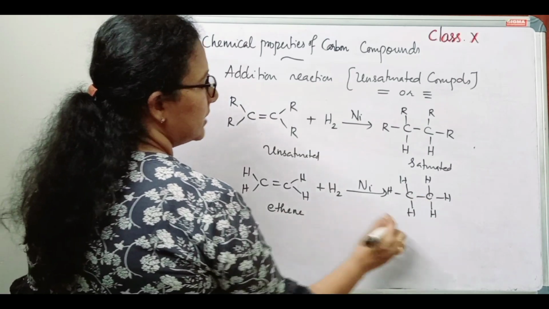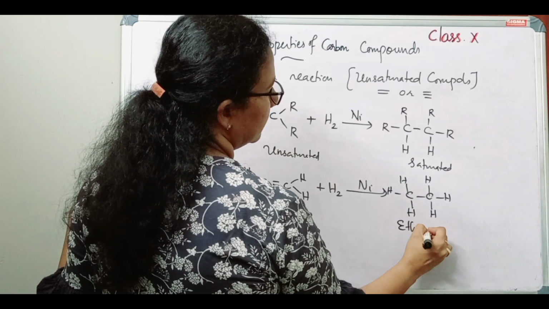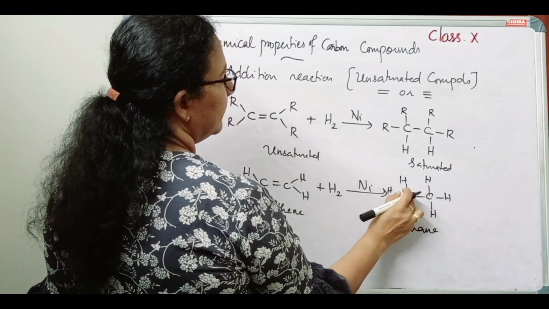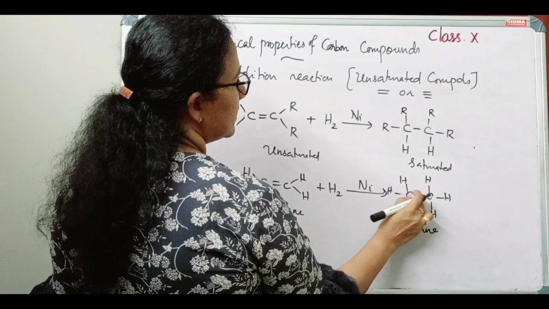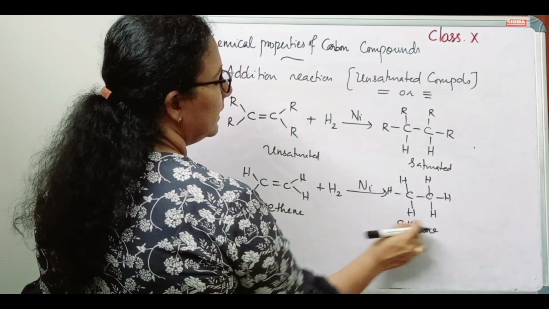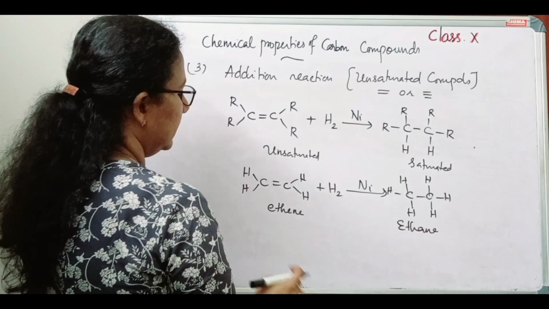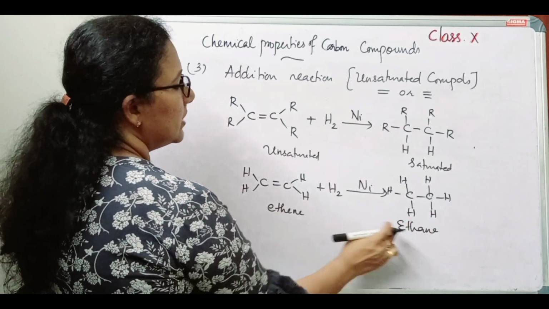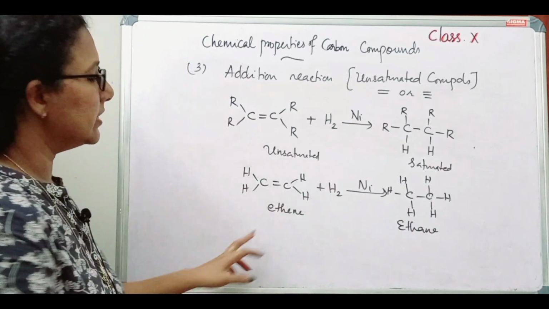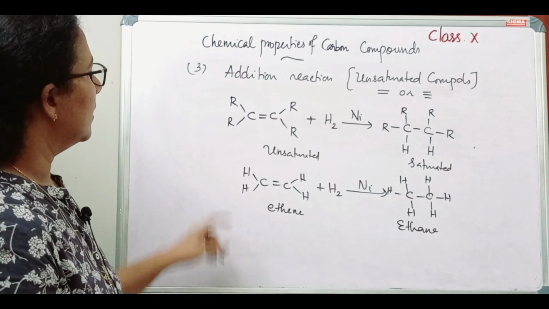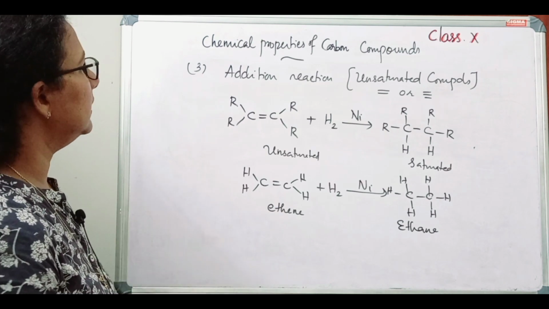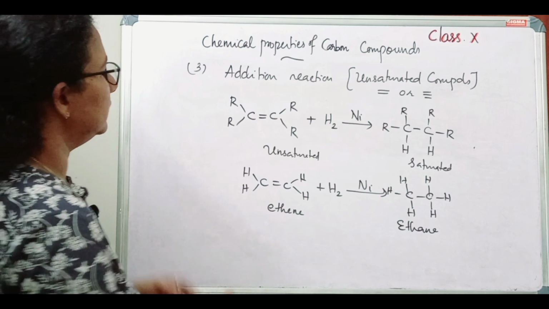So ethene changes to ethane. This carbon has a single bond, so it is an ane. Two carbon atoms are there, so it is ethane. That is the addition reaction of ethene. So this is the third property of carbon compounds.